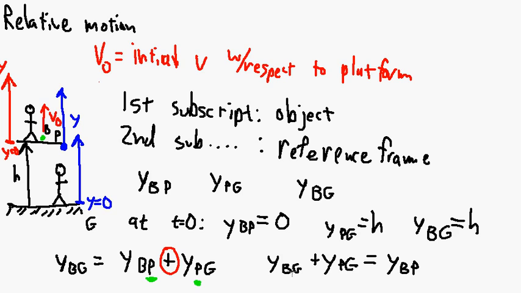Well, actually, no. You're taking Y of the ball in the ground frame and Y of the platform in the ground frame, and then you're adding them to get Y of the ball in the platform frame. But you can look at your subscripts and say, well, BP, so I should be able to order these in some way that puts a B on the beginning and a P on the end, but you see I can't do that. So I know then that this thing here is wrong.